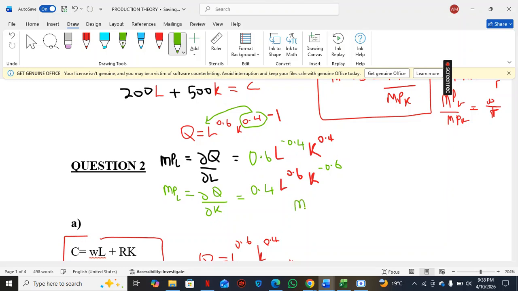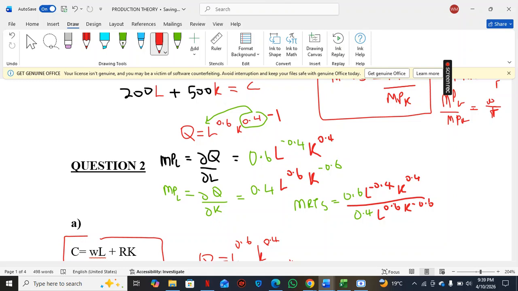You say MRTS, marginal rate of technical substitution, MPL over MPK: 0.6 L to the power negative 0.4 K to the power 0.4 over 0.4 L to the power 0.6 K to the power negative 0.6.